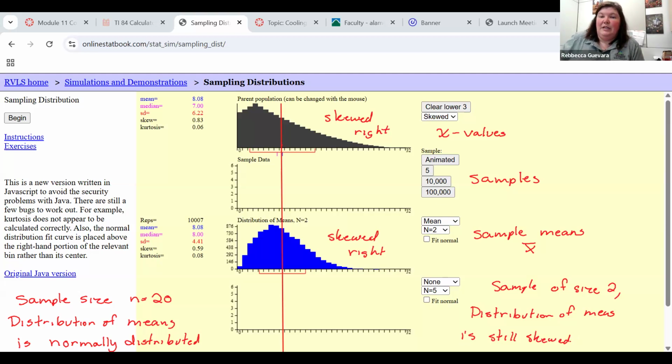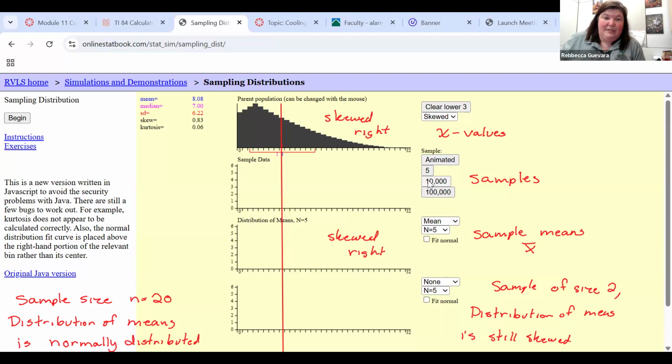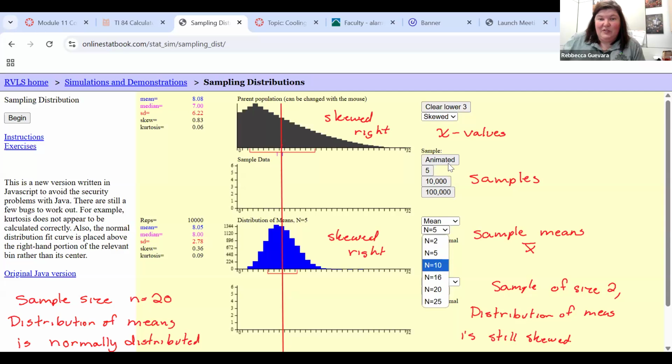Any distribution is going to stay pretty much skewed until we find the sample size. As you see, it's still skewed, but not as skewed. We find a large enough sample size that starts to become normal.